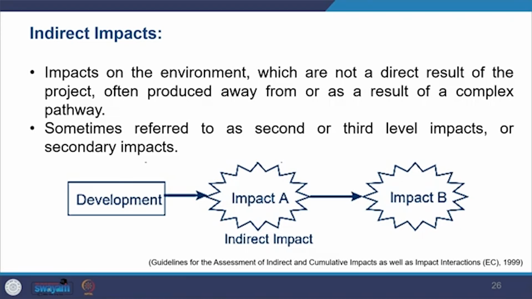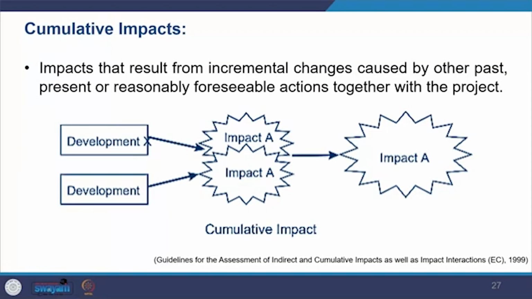We had seen this in our initial lecture. And now, cumulative impact is the impact that results from incremental changes caused by other past, present, or reasonably foreseeable actions together with the project. So here you see impact A, and impact A in future, and then from one development to another development. So what's happening there? You see it that way.